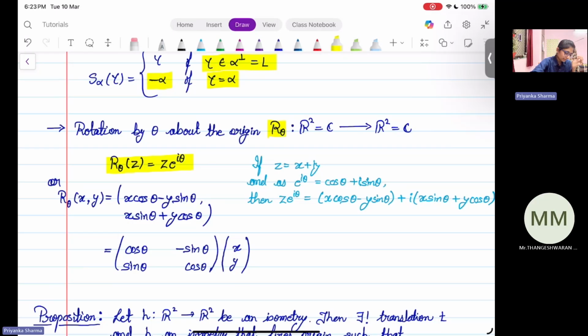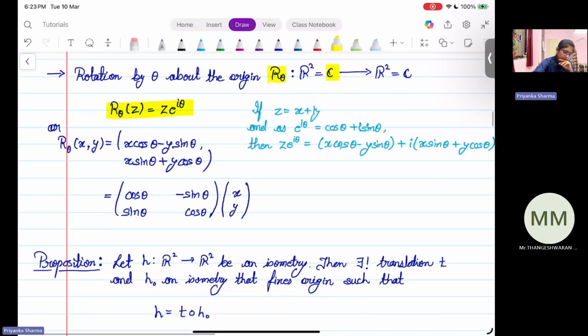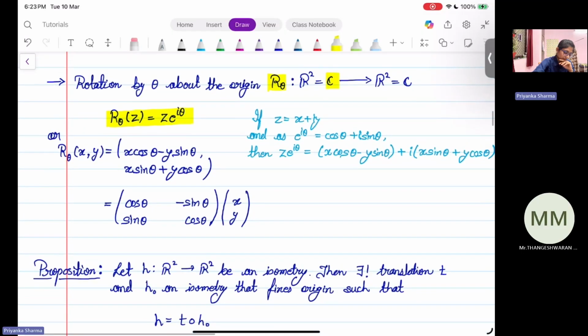Here this z is an element of R square, or we can say this is an element of C, because R square and C are isomorphic. Okay, to find the matrix form of rotation, this will be helpful if we represent R square as the complex plane.